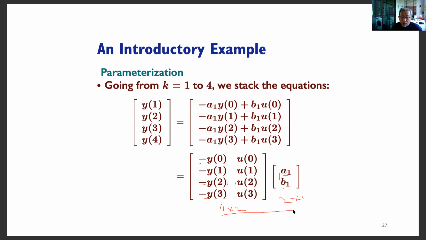So these can be multiplied because the inner dimension is 2. It will give you a matrix of 4 by 1, which is here. So this is the matrix of 4 by 1.